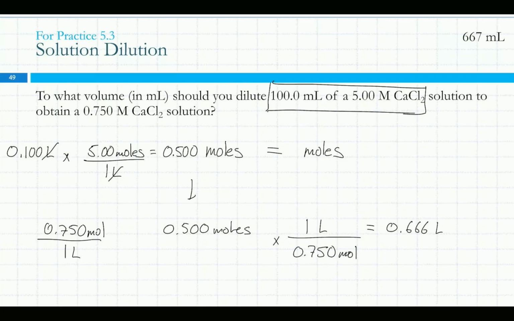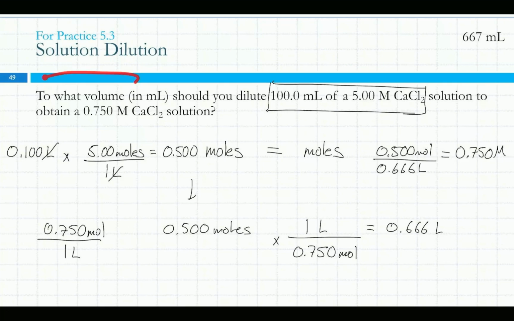And we can confirm that by taking 0.500 moles and dividing it by 0.666 liters. Maybe I should have put one more 6 in there. Equals 0.75007, so it really rounds to 0.75 molar.